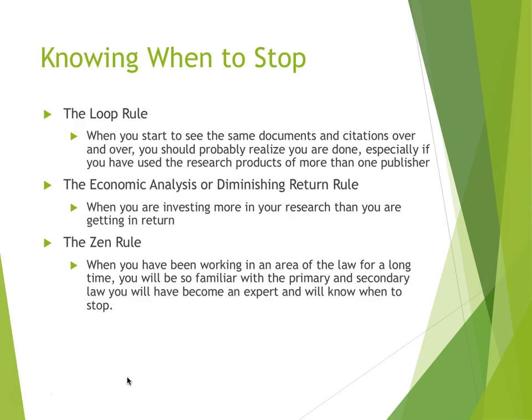The economic analysis or diminishing return rule. When you are investing more in your research than you are getting in return. The Zen rule. When you have been working in an area of the law for a long time, you will be so familiar with the primary and secondary law, you will have become an expert and will know when to stop.